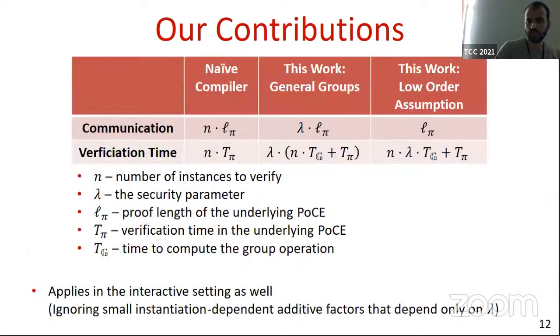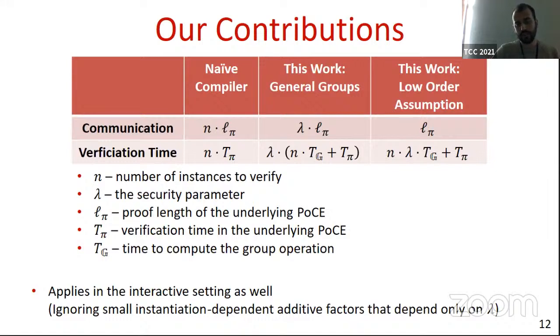Now, just to give you a sense of the parameters in our protocols. What's important to note here is that in both protocols, the communication complexity, or proof size in the non-interactive setting, is essentially independent of the number n of instances that you wish to verify.